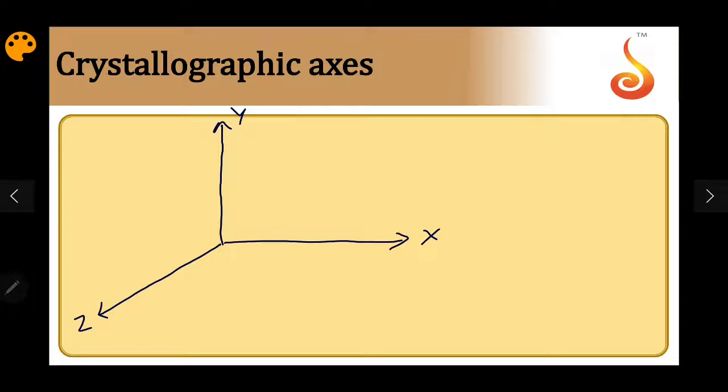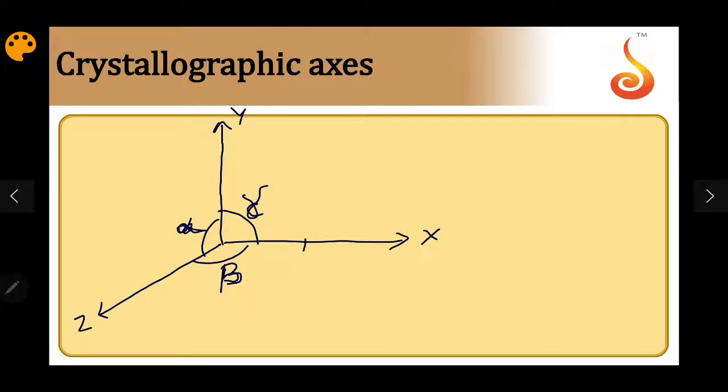The only thing is that these may or may not be perpendicular to each other. So there are three angles here. The angle opposite to the x axis, that is between y and z, is alpha, between z and x is beta, and between x and y is gamma. These are the three angles.